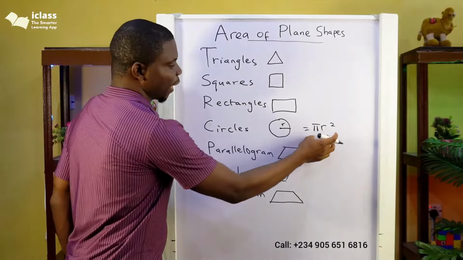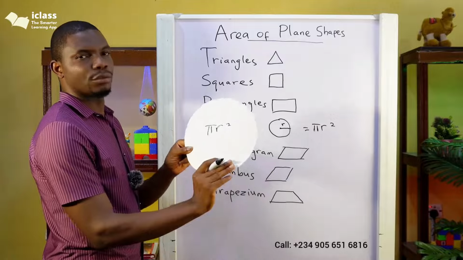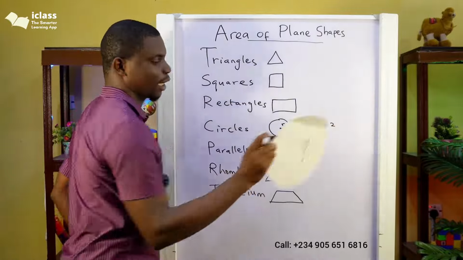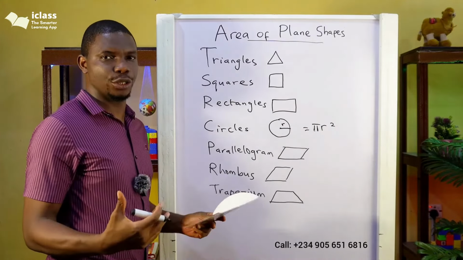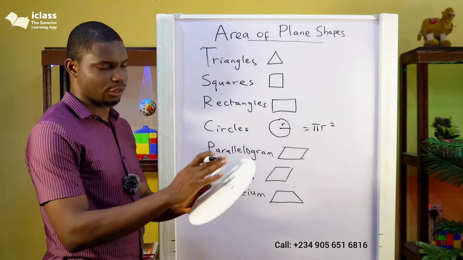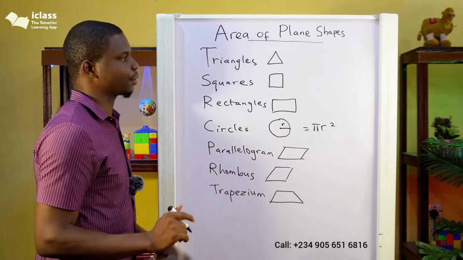So with this formula, I can easily find what area of this board is covered by this circle. And that will give me the area of this circle. So formulas are like shortcuts. They help us get to the answer faster rather than trying to measure, maybe with a ruler and all that.